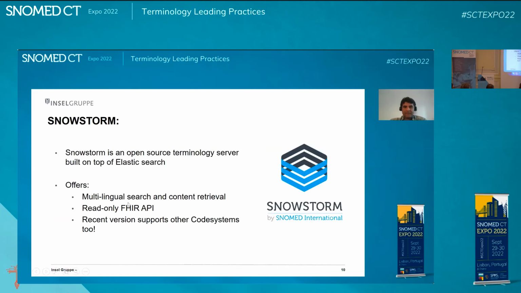I recently saw that the latest version supports other code systems, like LOINC or ICD-10 and so on. You can have your own code system uploaded to Snowstorm, and then it will provide you most of the features which are usually available for SNOMED CT.